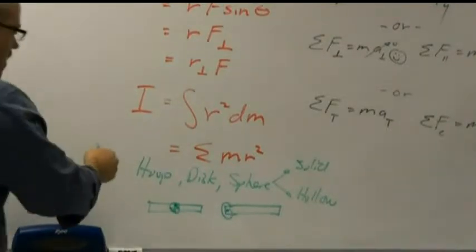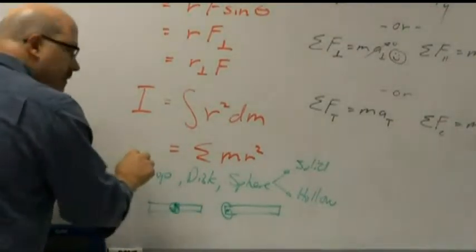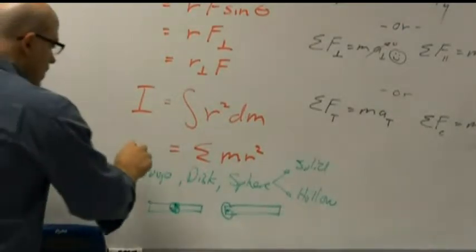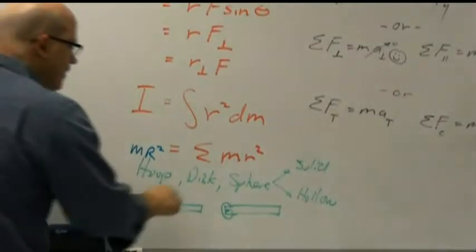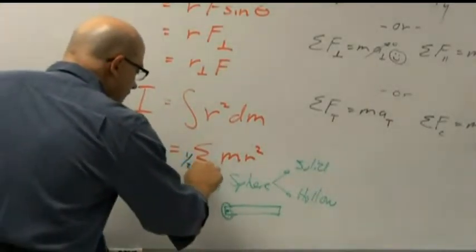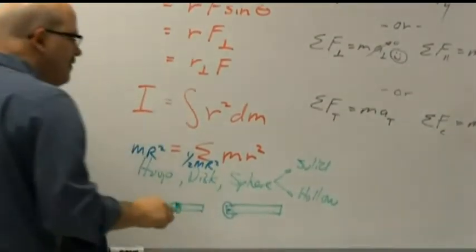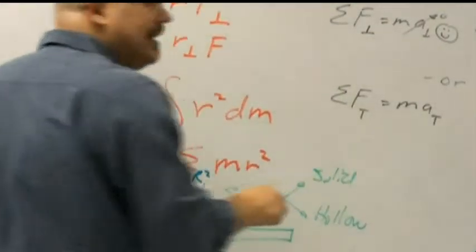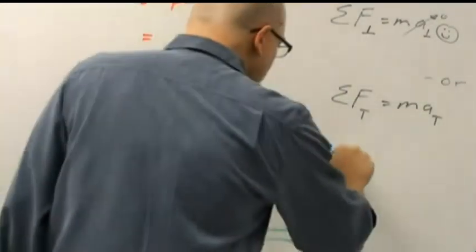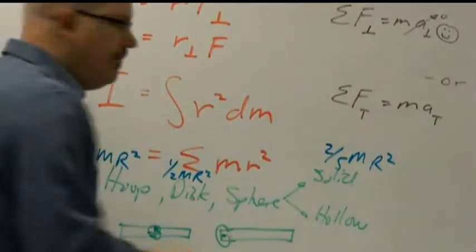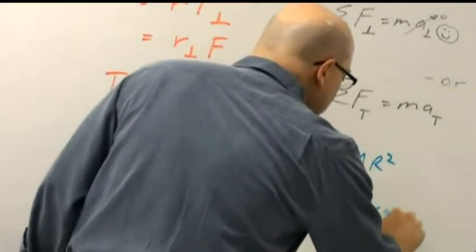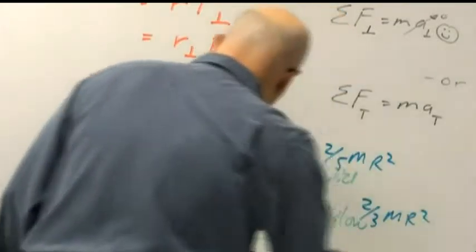All right. For the hoop, I equals MR squared. For a disc, it's 1/2 MR squared. For a sphere that's solid, 2/5 MR squared. For hollow, 2/3 MR squared.